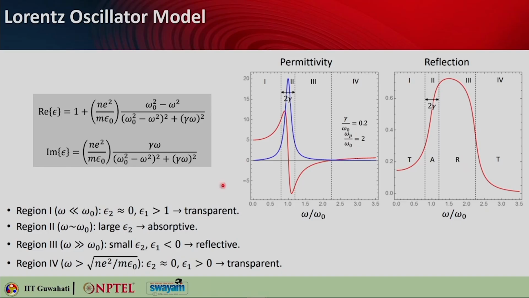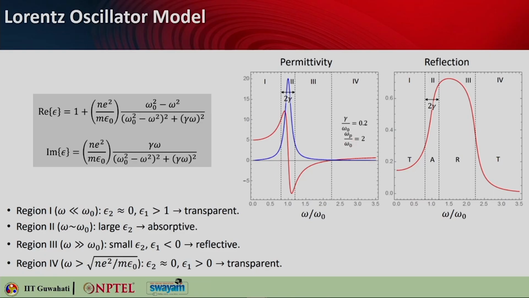And in region 4, you can see where omega is much larger than omega naught, and we have taken omega to be greater than square root of n e square over m epsilon naught. We have seen that in this particular region the imaginary part is almost 0 and the real part is greater than 0. That means the material again becomes transparent.